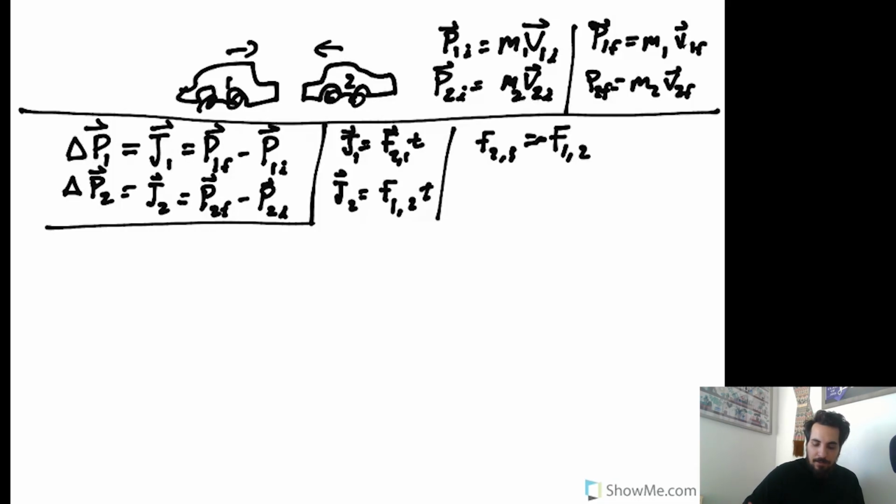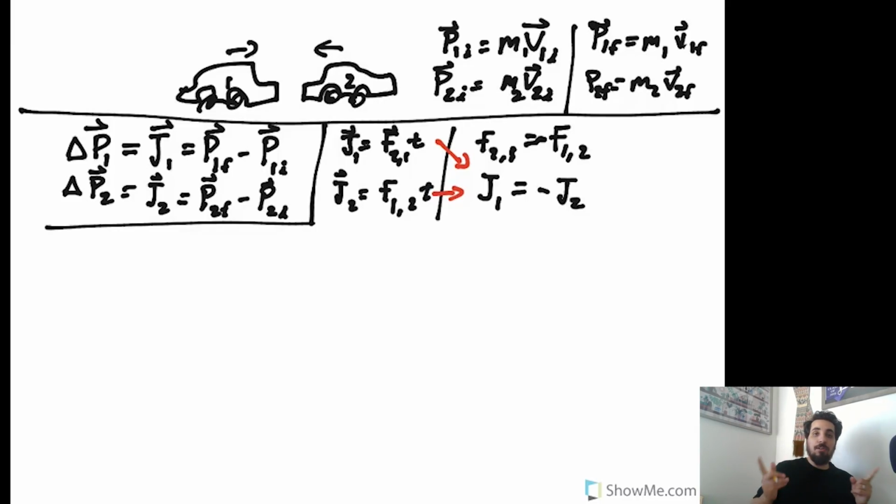And this is just to say that both cars push on each other equally hard in opposite directions. Car 2 pushes on car 1 to the left, and car 1 pushes on car 2 to the right. So with this in hand, we take our impulses, and our impulses solve to tell us that our impulse on car 1 is going to equal negative the impulse on car 2.